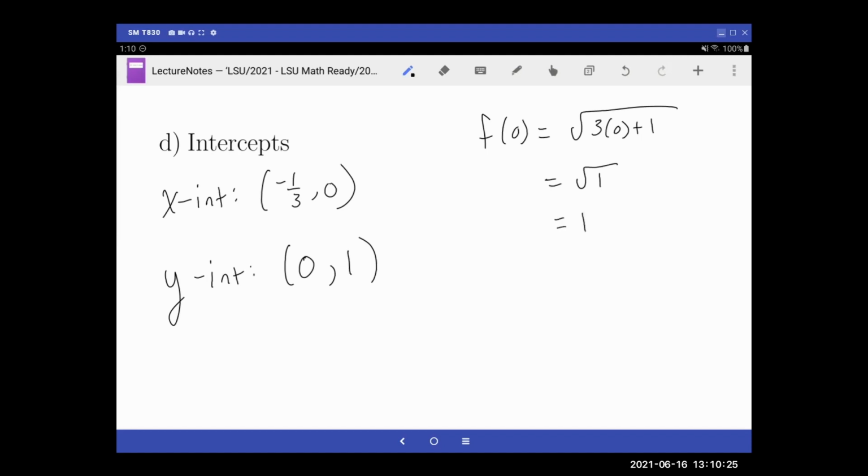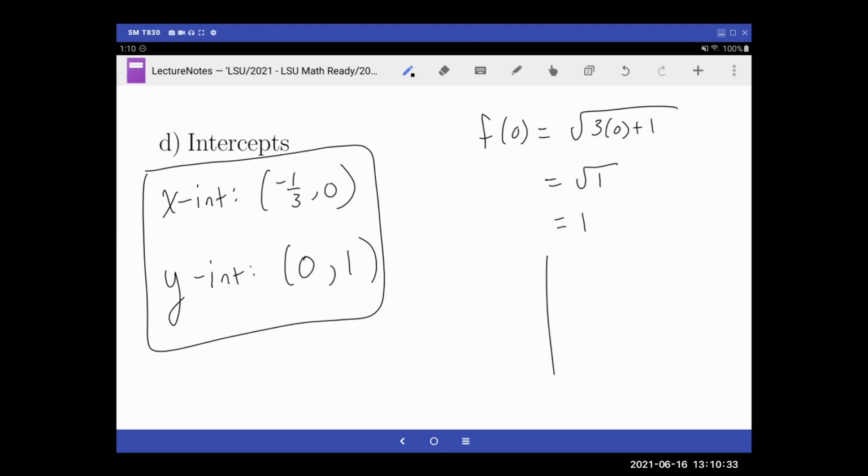Square root of 1 is 1, so those would be my intercepts. Really can kind of picture the graph from this, right? So 0, 1, and -1/3. So here's 1, -1/3 is about right there. Graph looks something like that.